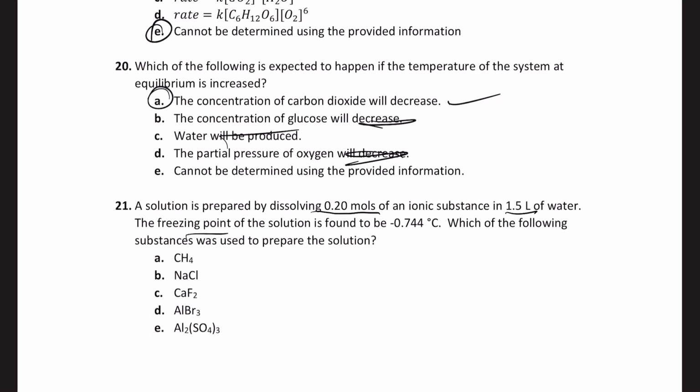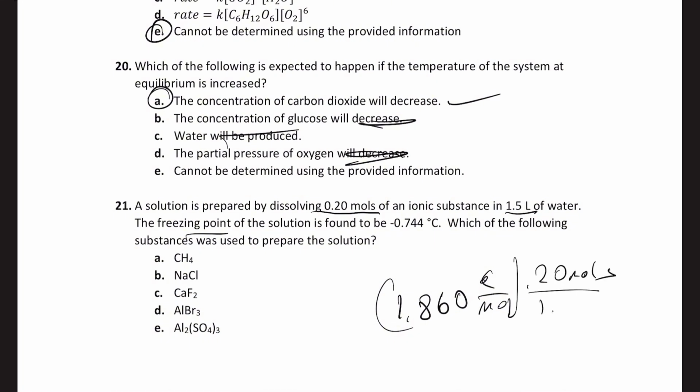For water the constant is 1.86, which you would see on your reference table. 1.5 liters equals 1.5 kg, and 0.744 is the change.